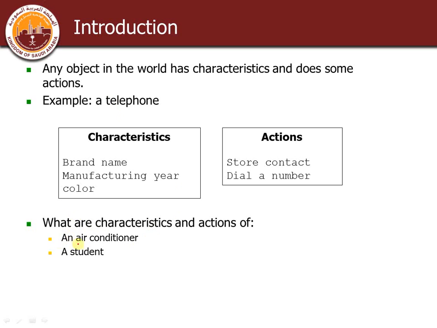Actually, any object has some characteristics and actions. The actions are going to be for us some instructions, some statements that we're going to be doing. And the characteristics can be variables where we store the information.